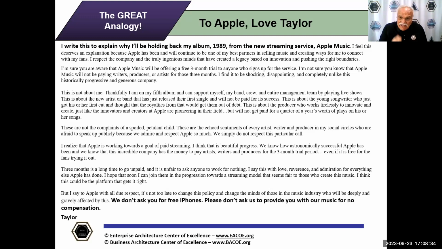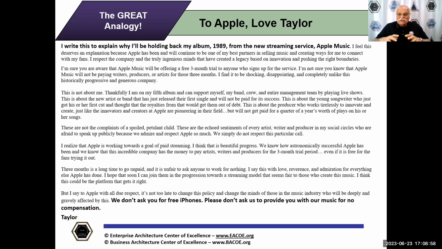Now, to Apple's credit, there's a data point here that we need to look at for others that are doing this evil right now. Apple, the next morning, Mr. Cook got out there, so to speak, and said, you know what? I'm paraphrasing, of course. We made a mistake. This is not right.